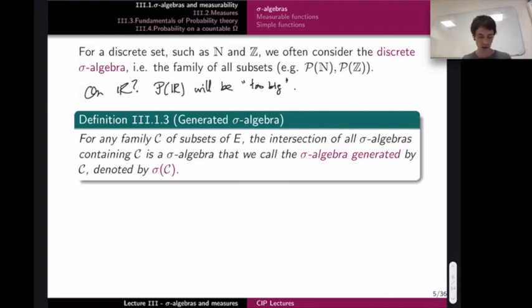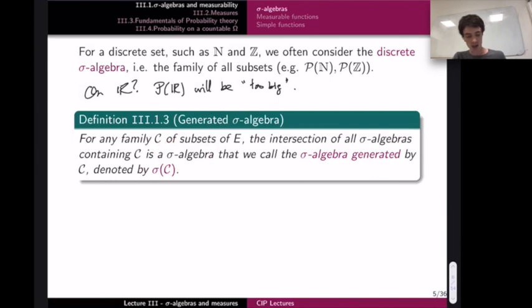So instead, we will rely on sigma algebras that are generated by subsets which are more reasonable, not too big. So here is a first definition. If C is a family of subsets of E, then the intersection of all sigma algebras which contain C is a sigma algebra.